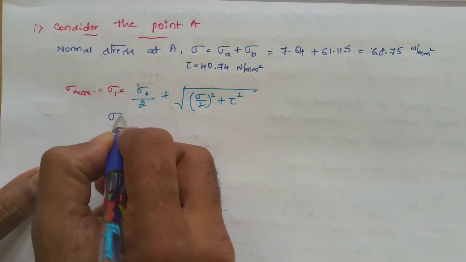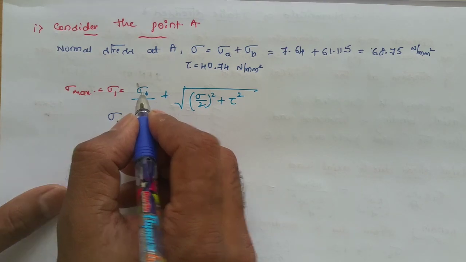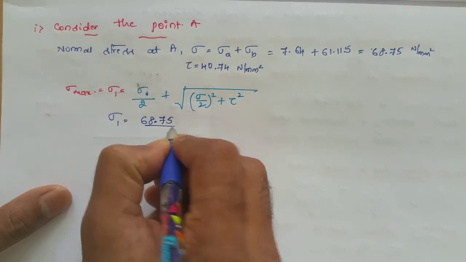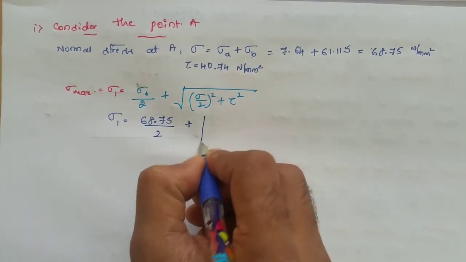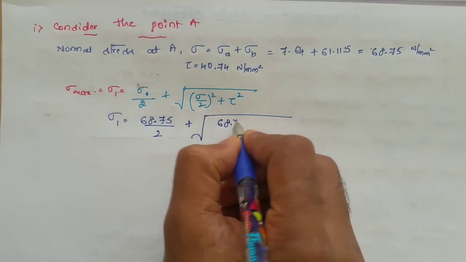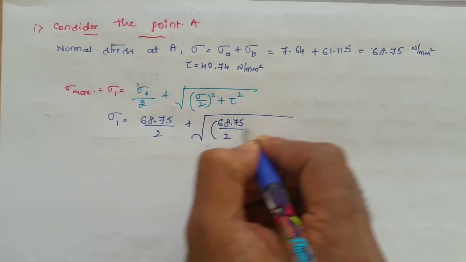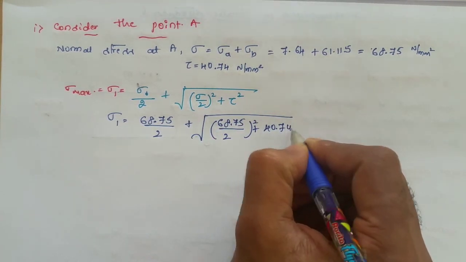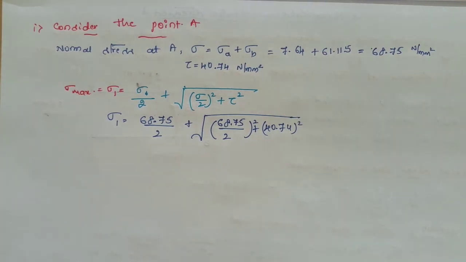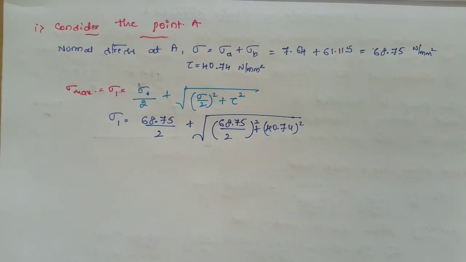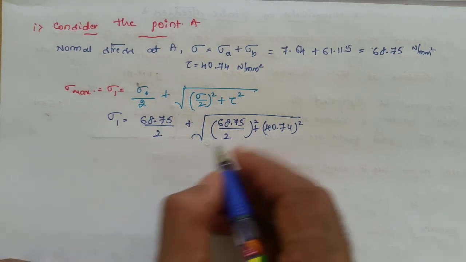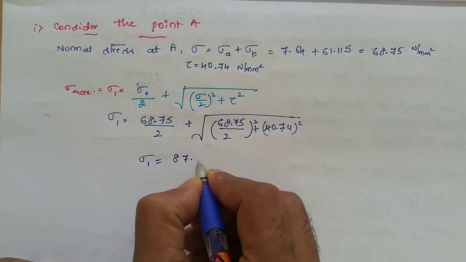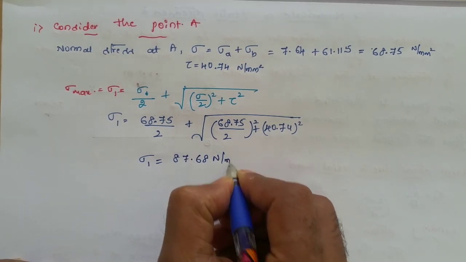Now sigma 1 becomes 68.75 by 2 plus square root of 68.75 by 2 whole square plus 40.74 whole square. Simplifying, we get sigma 1 equal to 87.68 Newton per mm square.